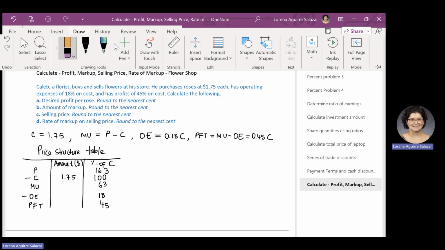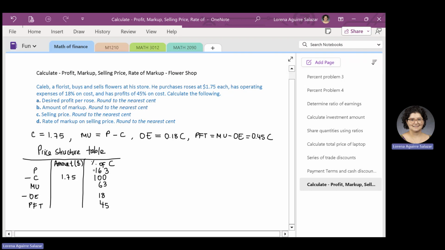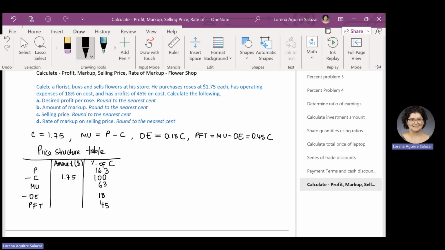So we need to write 163% as the price, the percent that the price represents with respect to cost. Now, based on all those percentages, we can find corresponding amounts.